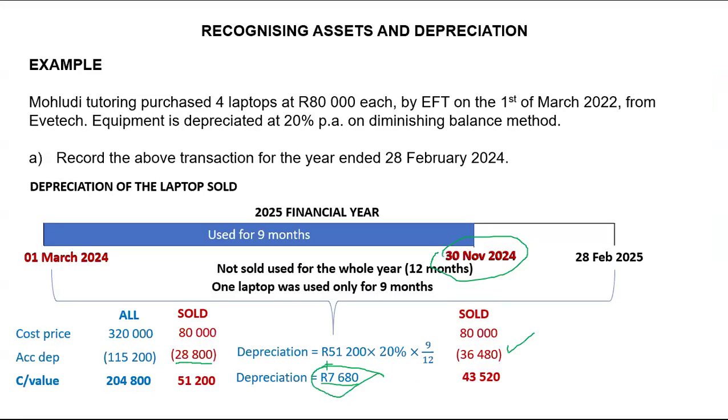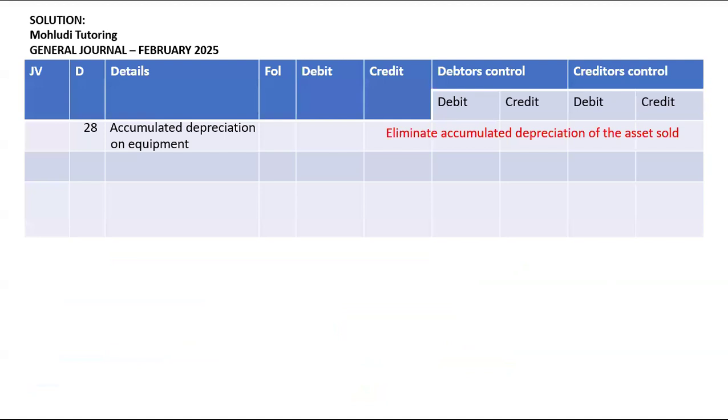Accumulated depreciation at the date of sale was 36,480. So our total accumulated depreciation will have to decrease by the accumulated depreciation of the asset sold, which is that 38,480. You debit accumulated depreciation, you credit asset disposal, which is just the valuation allowance.